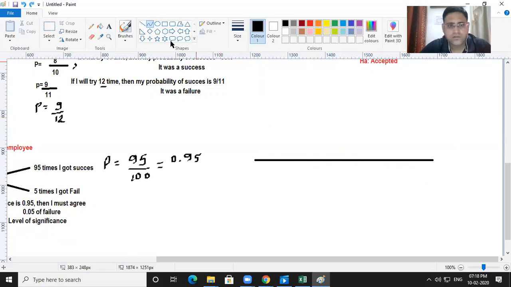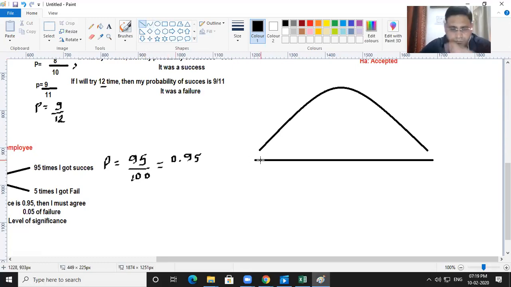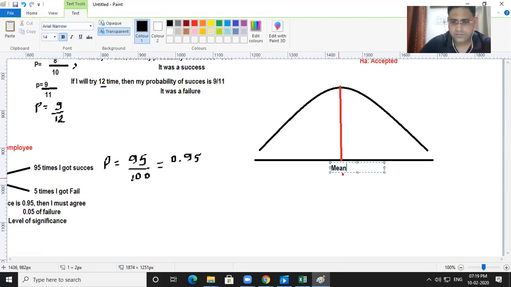So let us suppose, as we all know in the bell curve, the center point is our mean.